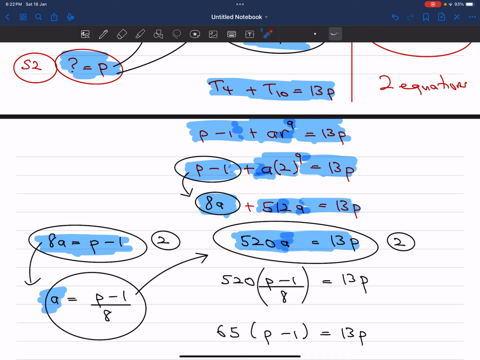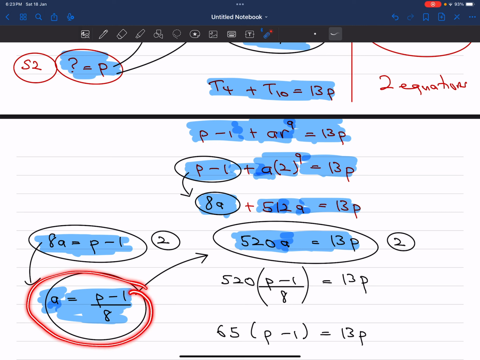Because I want to find P. We have two variables, A and P. Since I want to find P, I make the other variable A the subject, so that it can cancel. So from 8A equals P minus 1, I transfer the 8 to the right hand side. I get A equals (P minus 1) over 8.